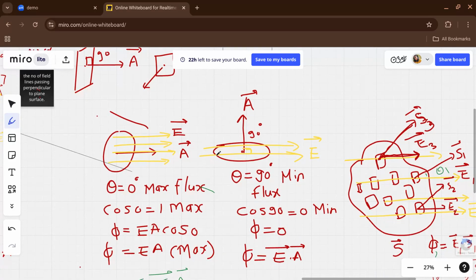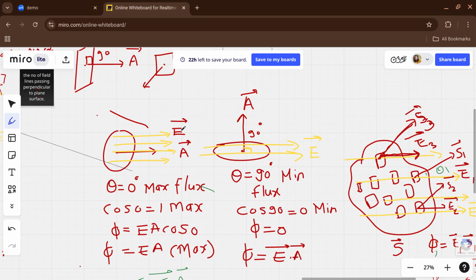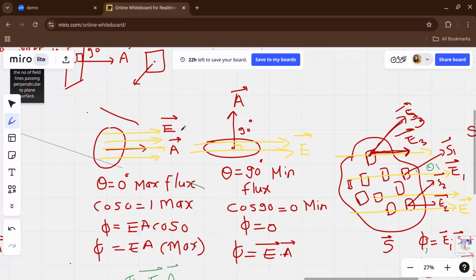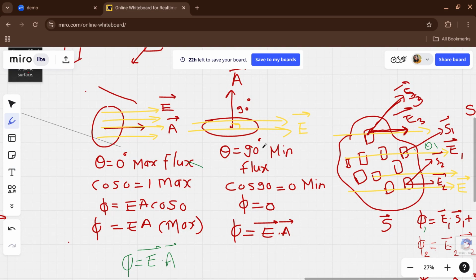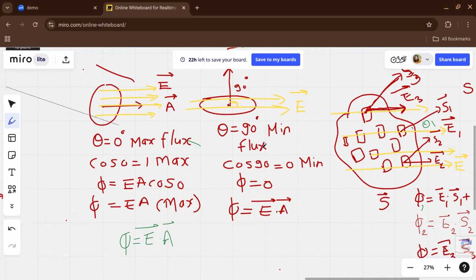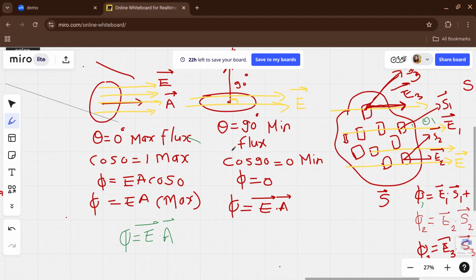So when lines of force are in the direction of the area vector, only then are you going to get maximum flux. If not, if the area vector is perpendicular to the lines of force, or the lines of force are in the direction of the plane of the surface, then no lines of force will cross the surface, which means the flux is zero.